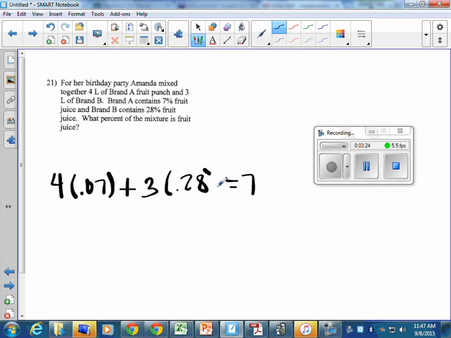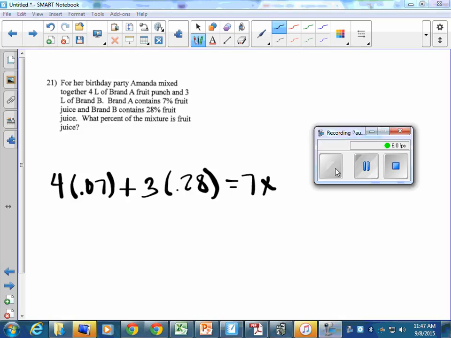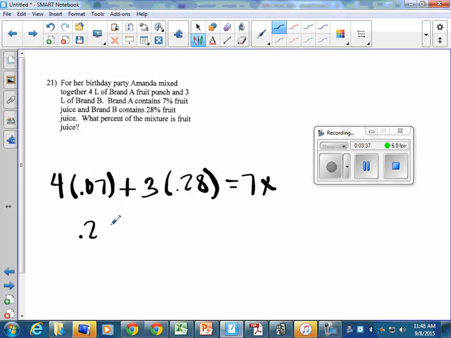What I need to know is, when I mix these together, what percent of this mixture is actually fruit juice? 4 times 0.07 is 0.28. 3 times 0.28 is 0.84. And that equals 7x. 0.28 plus 0.84 is 1.12 equals 7x.